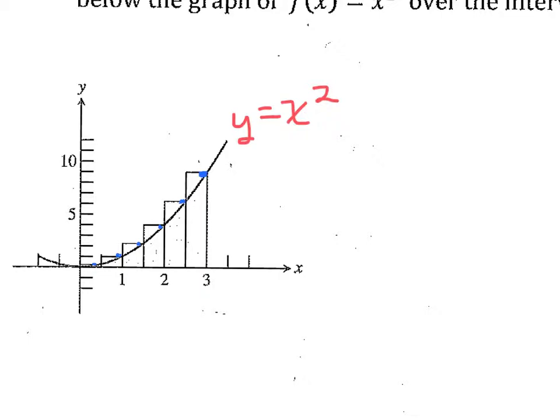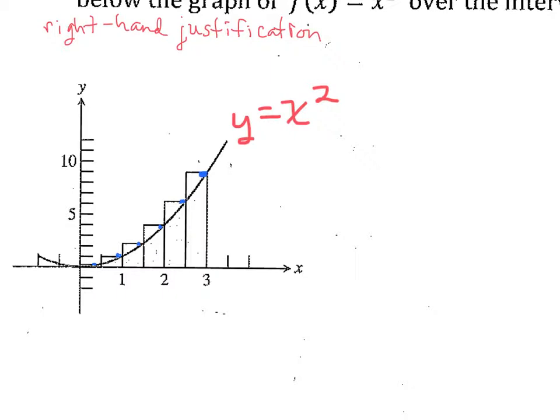So this is called right justification. I have a feeling that's going to get real small, but that's okay. Right-hand justification means the upper right-hand side of that rectangle is touching the curve.